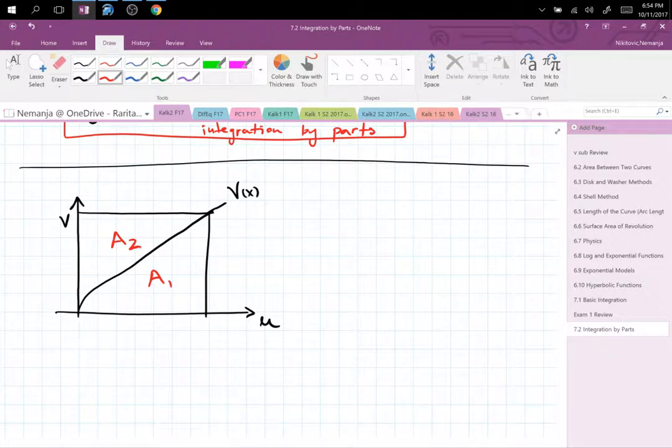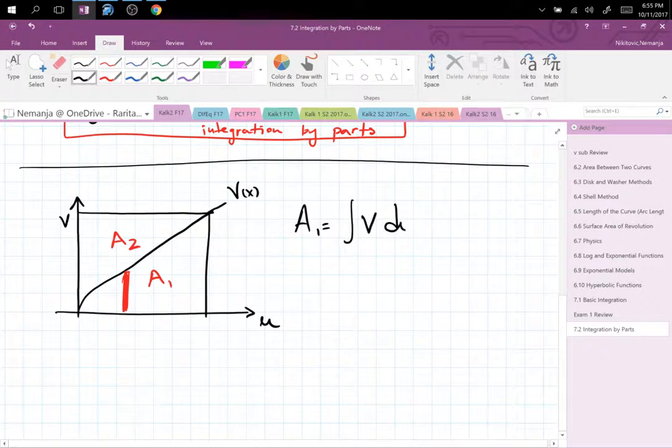So now, if you draw a vertical representative rectangle, you see that area 1 is given by the integral of v, and du is the input. If you look at area 2, which has the horizontal representative rectangle, you see that that representative rectangle is dv.